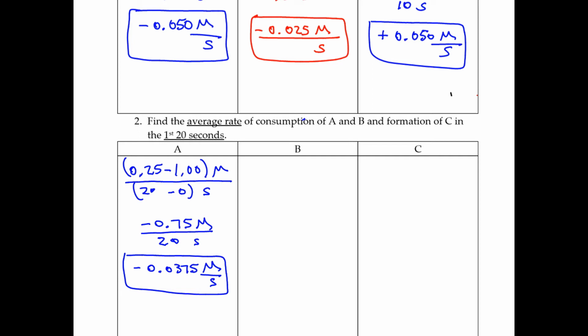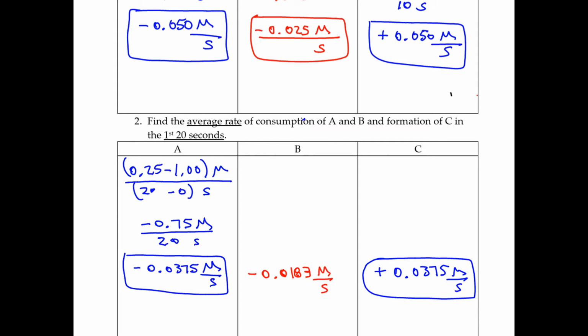So if you look at the C, it's going to be the exact same number as positive 0.0375 moles per liter per second. Hopefully that recorded me. And the B is going to be half of the A, which is negative 0.0183 moles per liter per second.